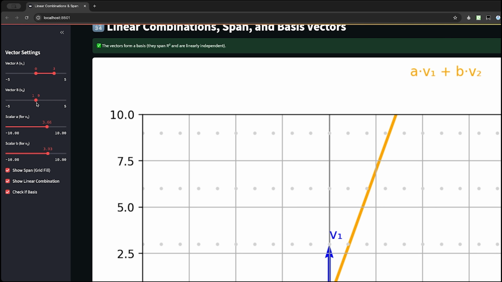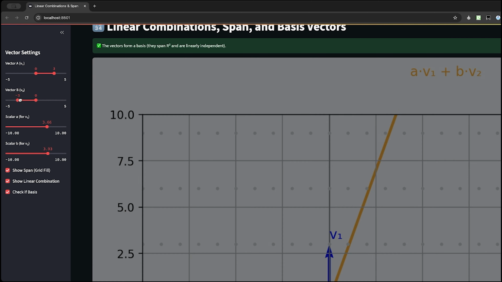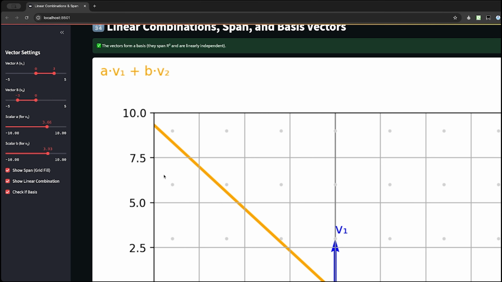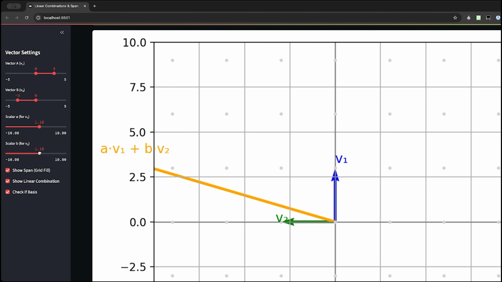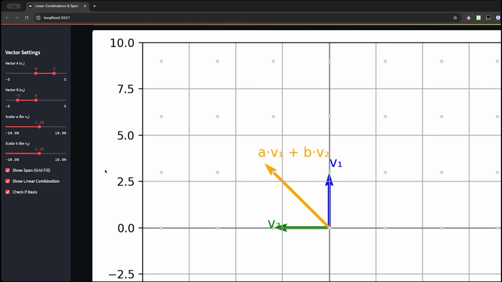Now I am increasing the value of vector v2, so it will be in the opposite direction. Oh, my resulting vector has gone out of this 2D coordinate graph, so I have to decrease the scalar value. Now you can see that this is another resulting vector obtained from the linear combination of two other vectors, v1 and v2.